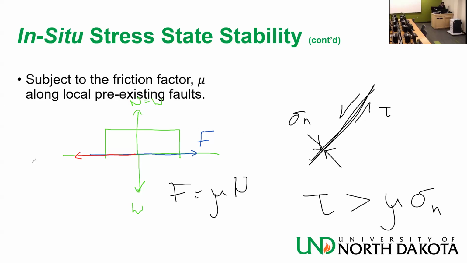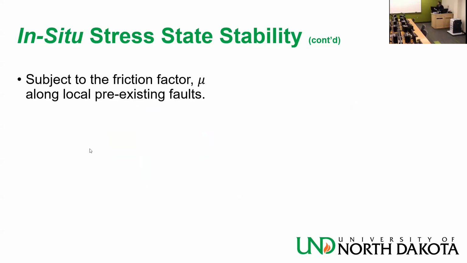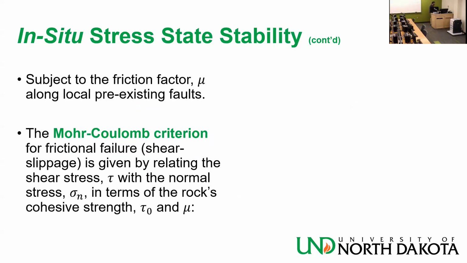When we say friction factor, it's just like any friction factor, dimensionless. The easiest criterion to use mathematically is what we call the Mohr-Coulomb criterion for shear failure or frictional failure.